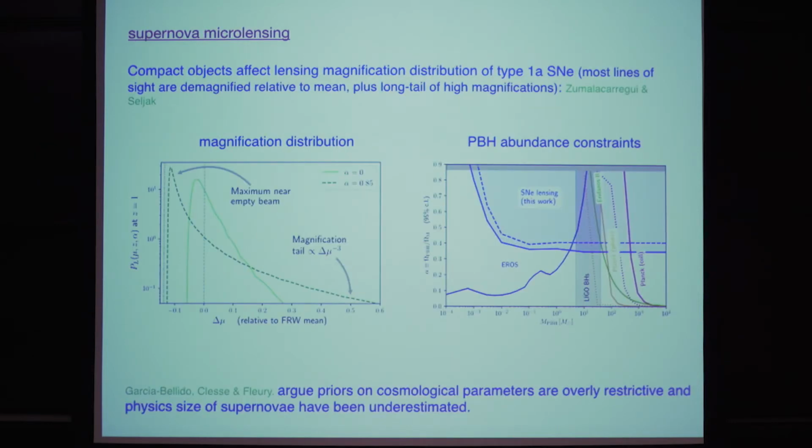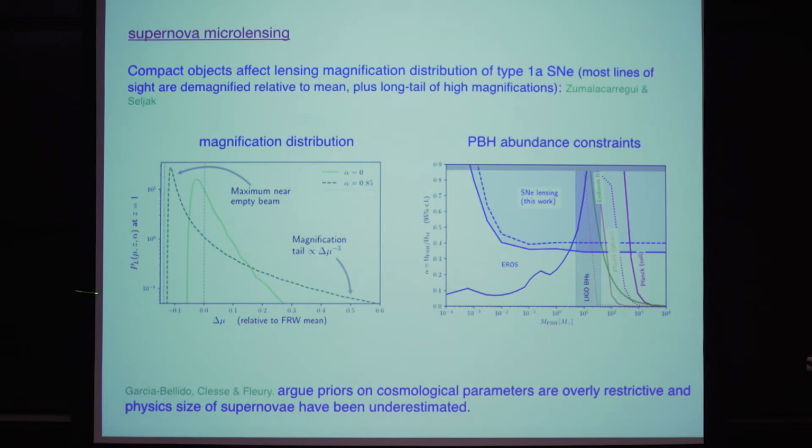With similar physics, you can also microlens supernovae, although what's going on here is slightly different. What's affected is the lensing magnification distribution of, in particular, type 1a supernovae. Here, the green line is what you'd expect for how the magnifications of the supernovae are spread if the dark matter is smoothly distributed, i.e. particle dark matter.